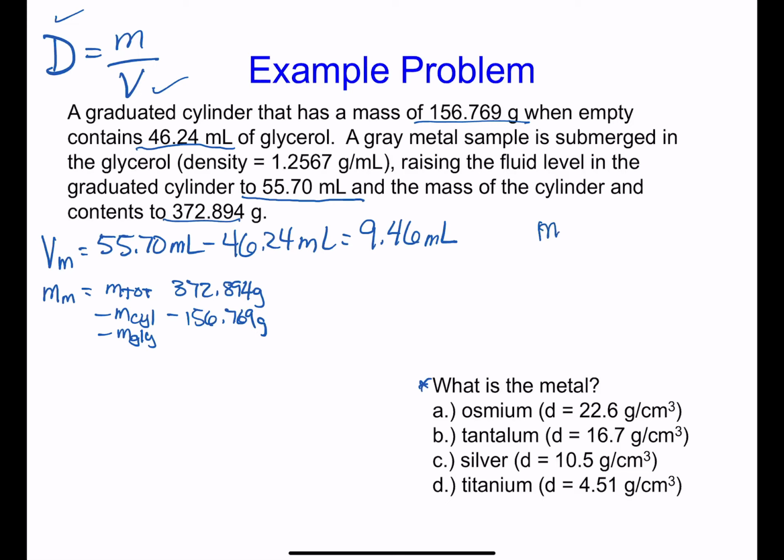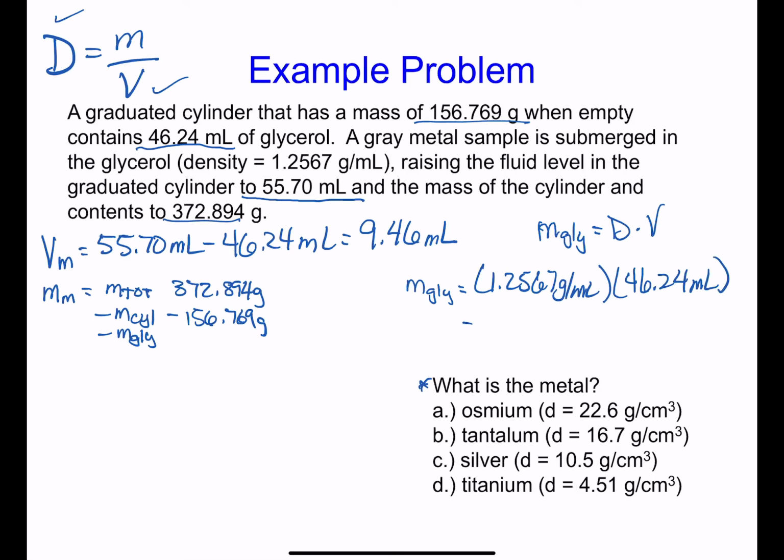The mass of the glycerol is just going to be equal to the density of the glycerol times the volume of the glycerol. In this case, the density is 1.2567 grams per milliliter, and the volume is 46.24 milliliters. So the mass of glycerol that was in the cylinder before we put our metal in is 58.1098 grams.